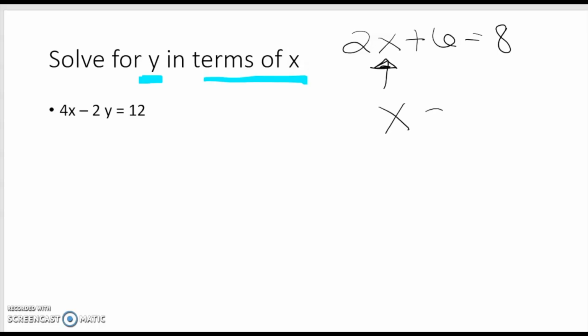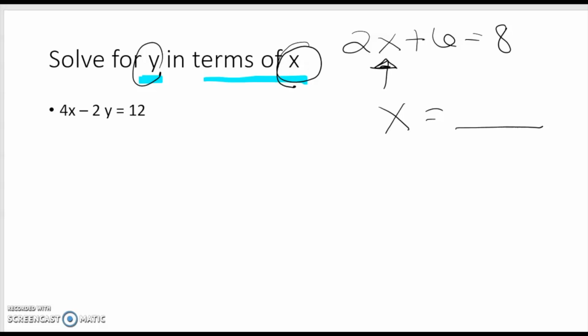So we had x equals, and then we had a number. Well, we're going to solve for y. So we're going to get y all by itself, but we're not going to have a number over here. We're actually going to have an expression because we have two variables. So on the right-hand side, there's still going to be the variable x. On the left-hand side, there's going to be a y.